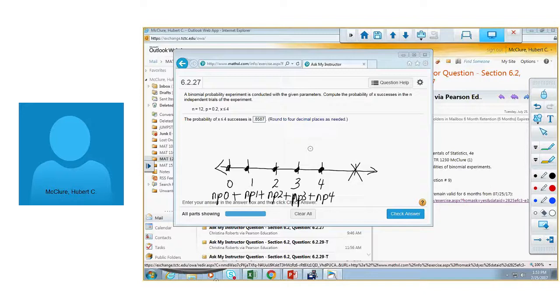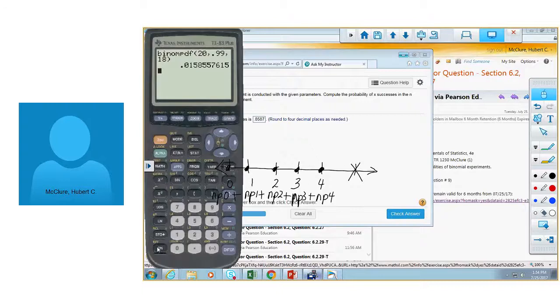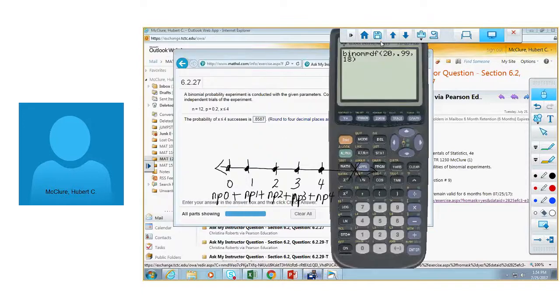So when you do this, hold on. I'm going to use my store button where you get the bread. I'm going to type in second entry, and I'm going to change this to, what was my n? N is 12.